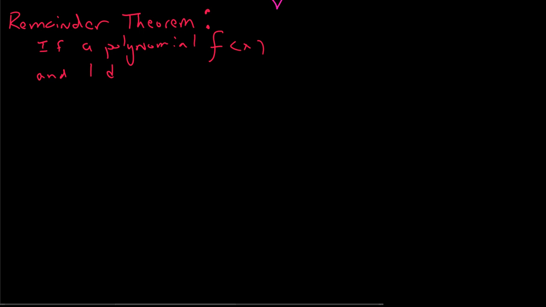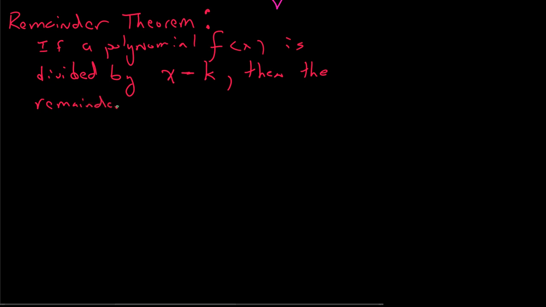So the polynomial f of x is divided by x minus k. Watch the sign here. Then the remainder is the function of k.